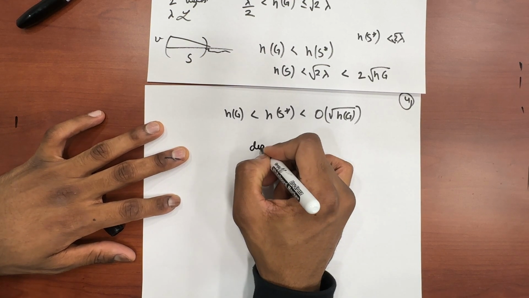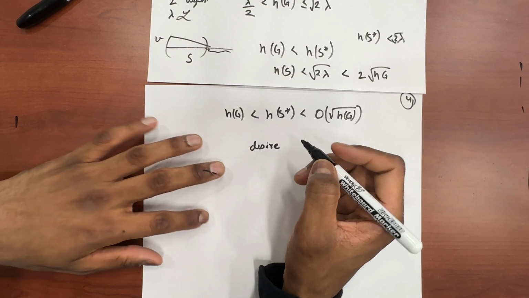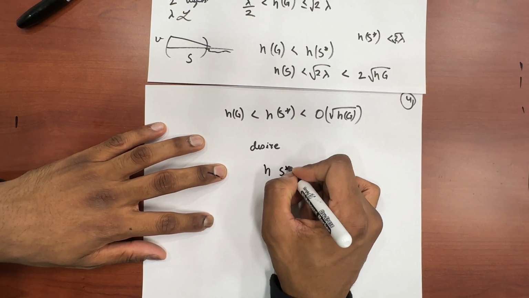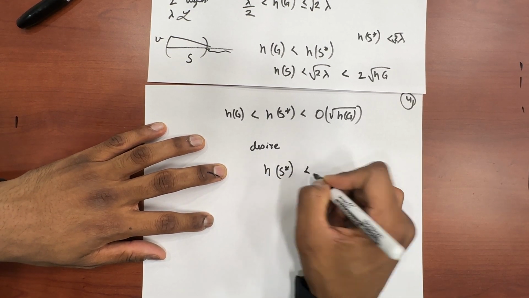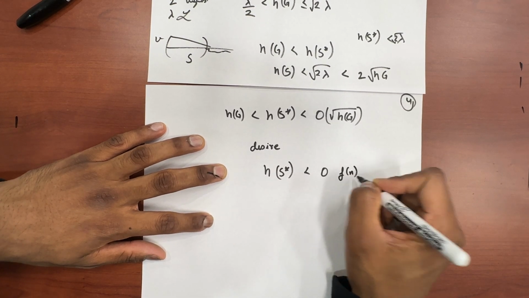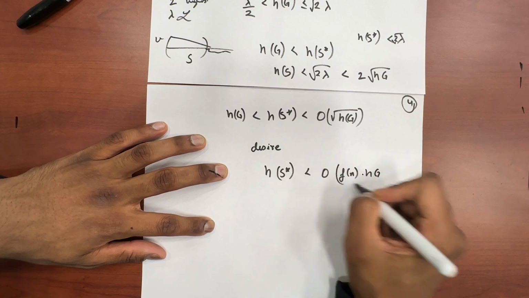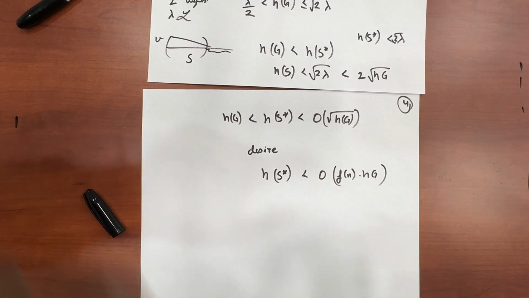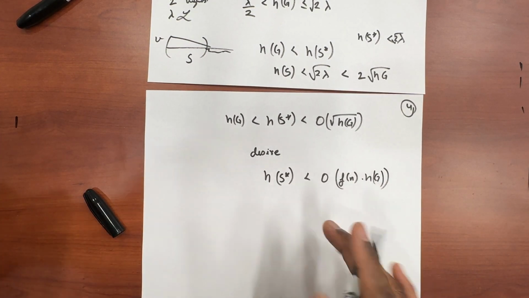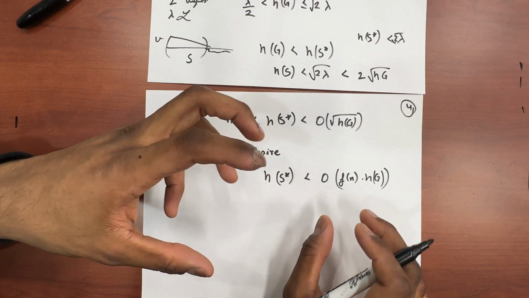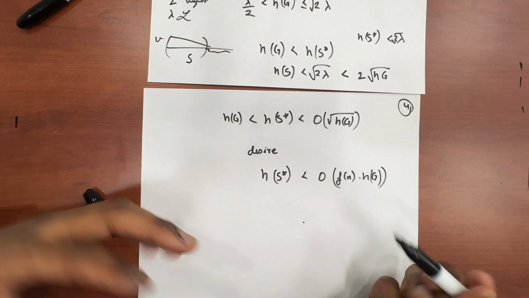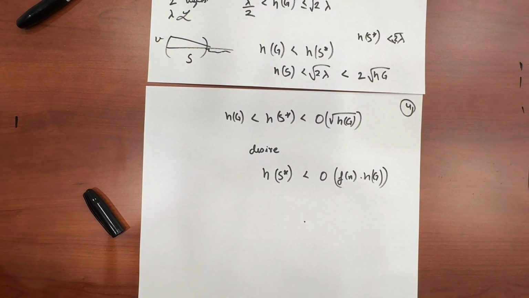What we desire in terms of an approximation algorithm is to have an S star whose value is some function of n multiplied with h of g. We do not like a function on h of g like the square root. We would like something of a multiplicative kind, and then we could say that this is an f of n approximation to the algorithm.